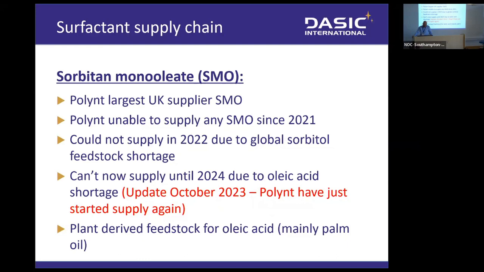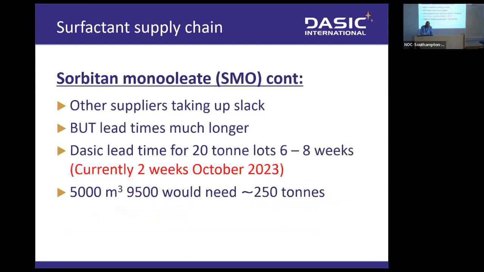So that was a plant-derived feedstock, oleic acid, mainly from palm oil, which is becoming under increasing pressure. In the meantime, other suppliers have been taking up the slack, fortunately, but lead times have been long. In April, they were 6 to 8 weeks. That's thankfully improved a lot.